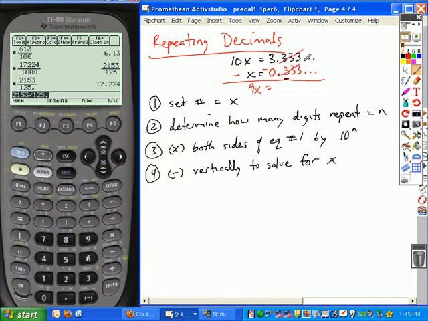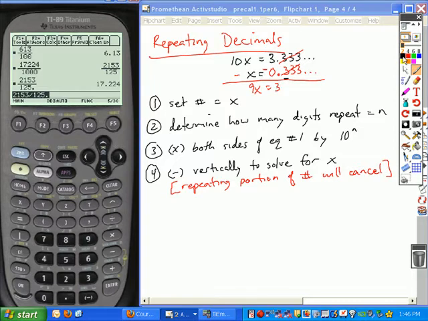What's always going to happen in this particular step is the repeating portion will be canceled completely. So when you subtract 0.333 repeating from 3.333 repeating, they just cancel out, leaving 3 minus 0.